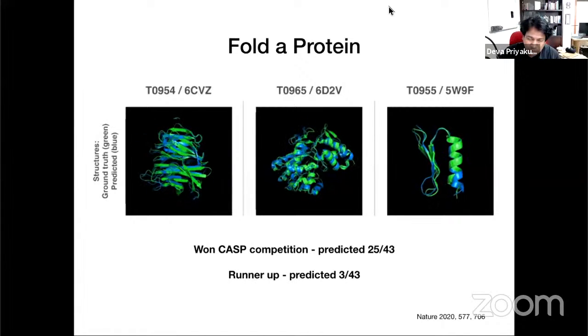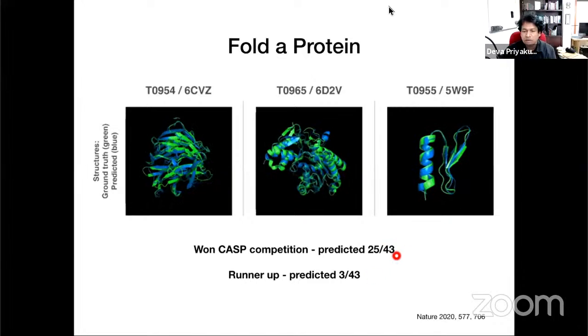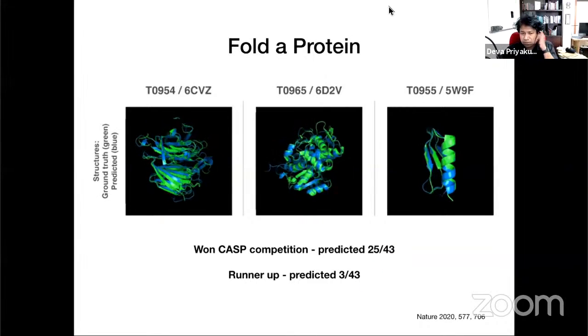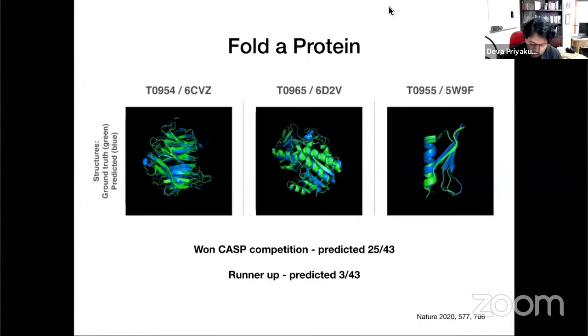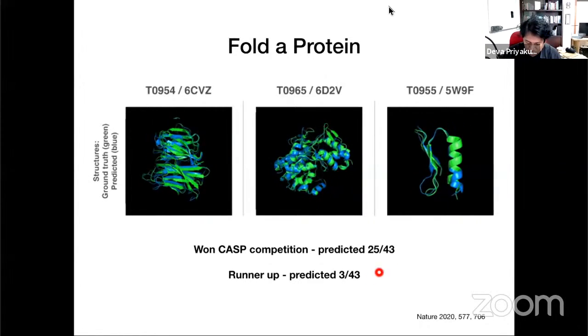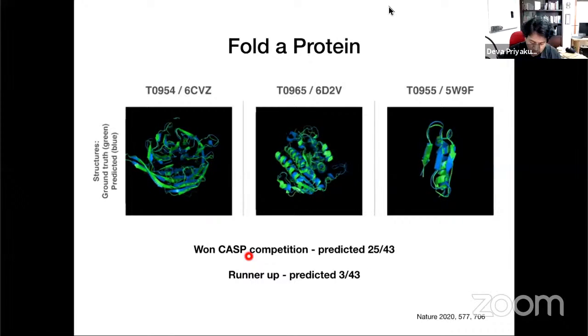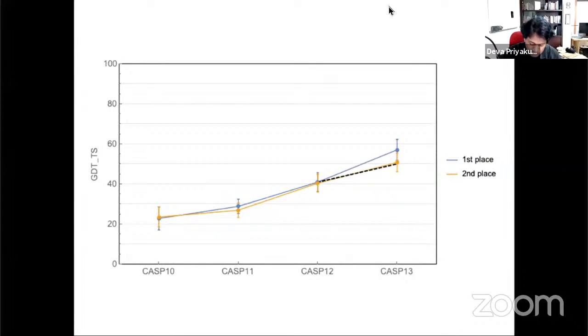These numbers alone do not capture the actual status of the competition results. It is actually unfair to just show these two numbers and say that the winner predicted so much higher, but maybe this one gives a better picture.